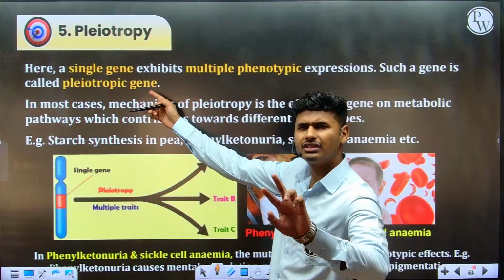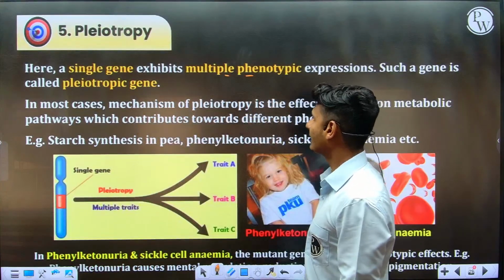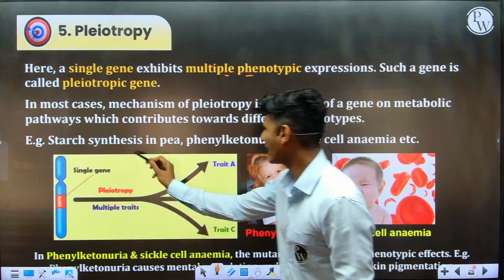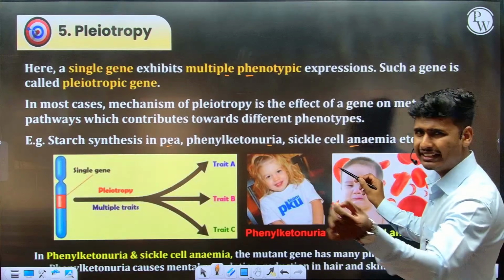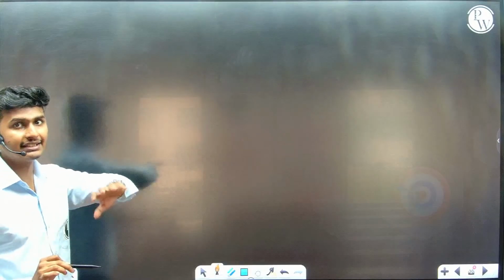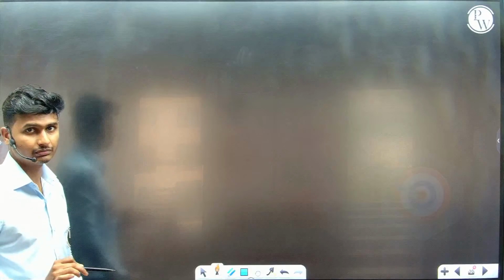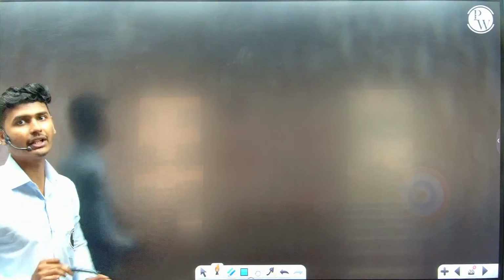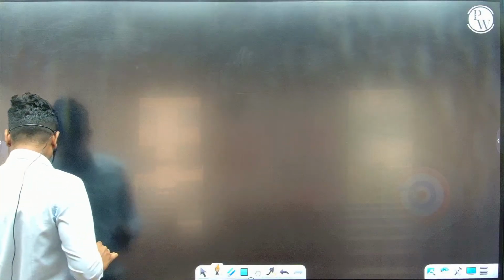Pleiotropy is just the reverse: a single gene controls many characters. Well-known examples are starch synthesis in pea, phenylketonuria and sickle cell anemia. Let me discuss sickle cell anemia a little. In sickle cell anemia there is an alteration in the beta chain of the RBC. Due to this point mutation, two characters change.